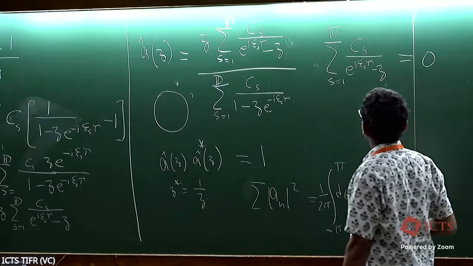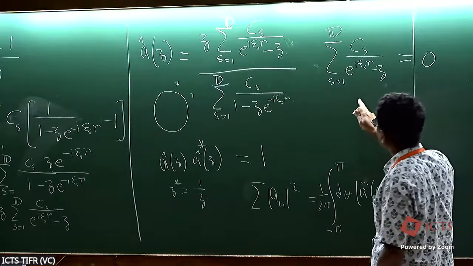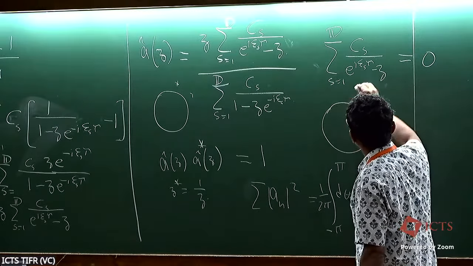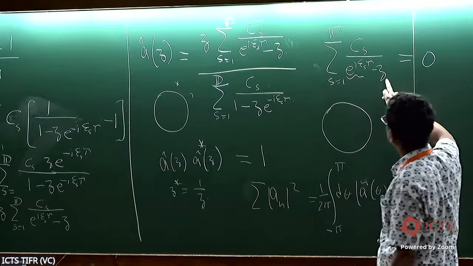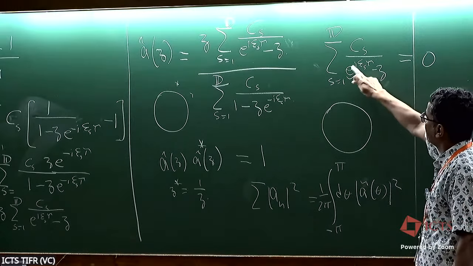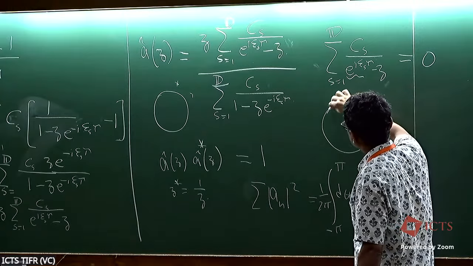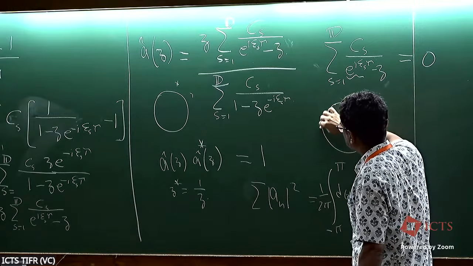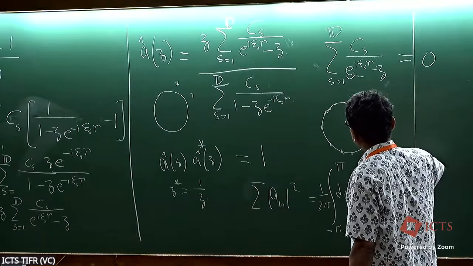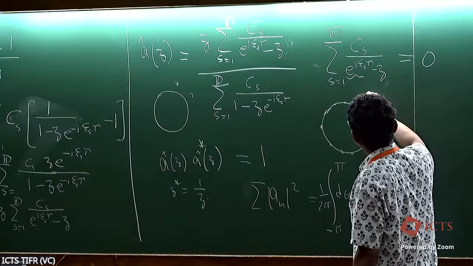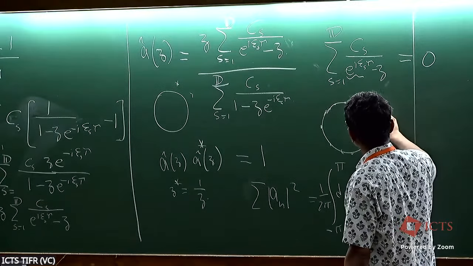This equation, you can just think of like a 2D problem with charges. Let's say you have these in the complex plane. This gives you the positions of some charges on a circle, placed at various points. There are d number of charges on a unit circle, and the values of the charges are C1, C2, and so on.